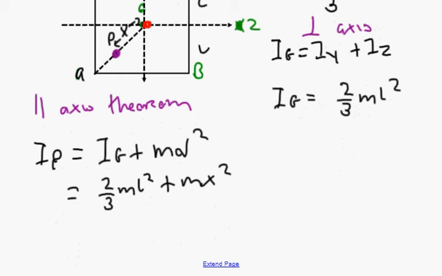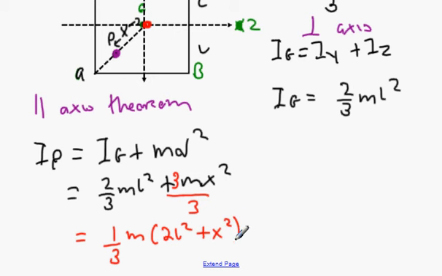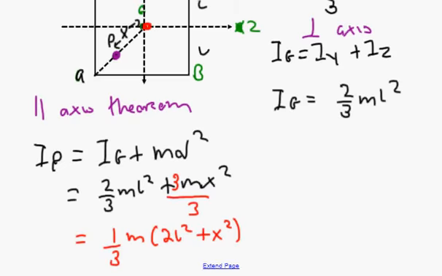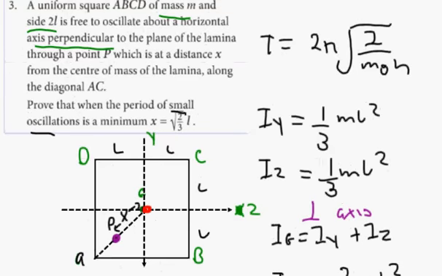Do what we did last time, put a 3 top and bottom and factorize, and what we get is 1/3 m into 2l squared plus 3x squared. Once we've done that, I'll be back down in a second for you.